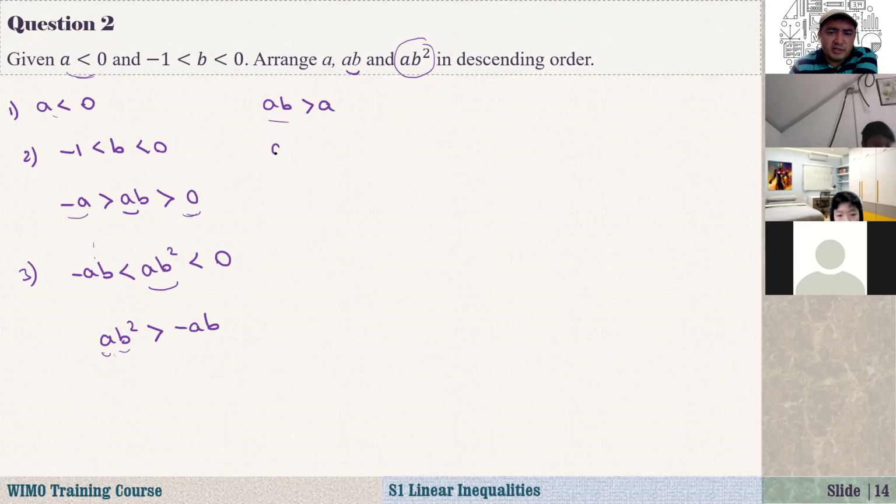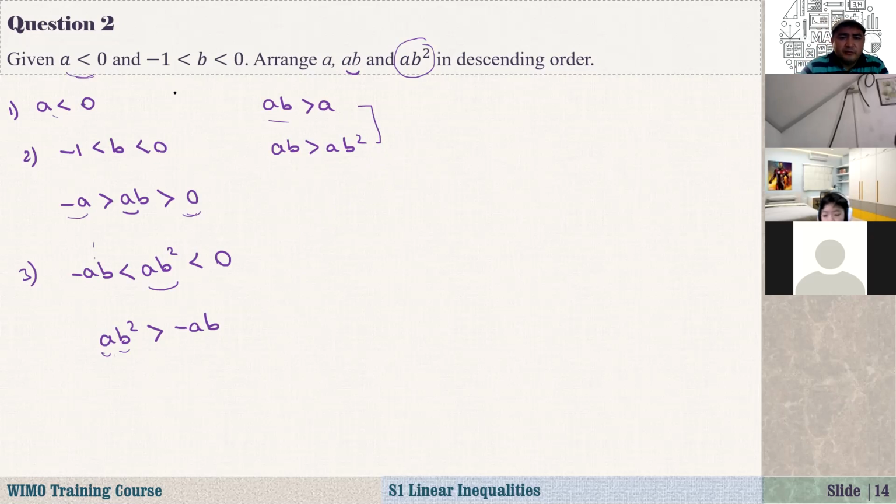So for sure AB is greater than AB squared. Now we have to compare A and AB squared. A is negative, AB squared is negative, but multiplied by B squared. So I should compare this A and AB squared, right? How can we do this?